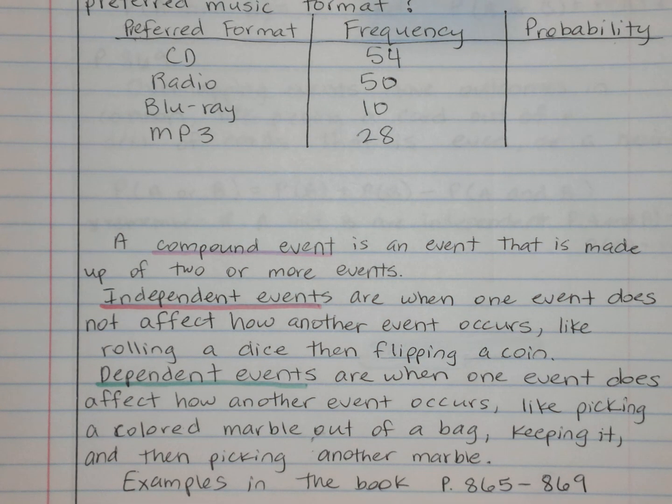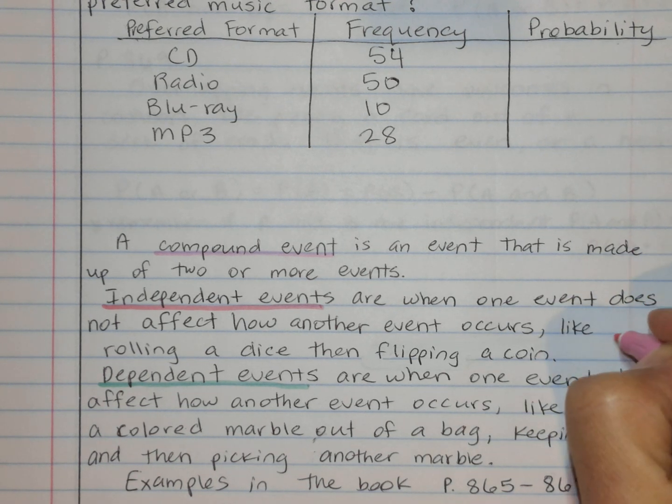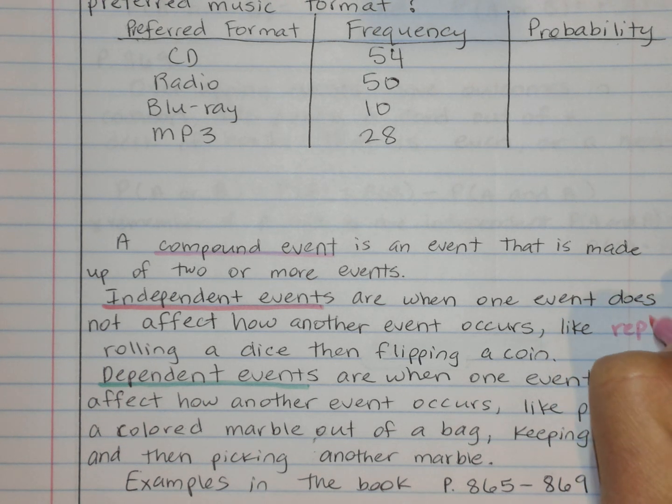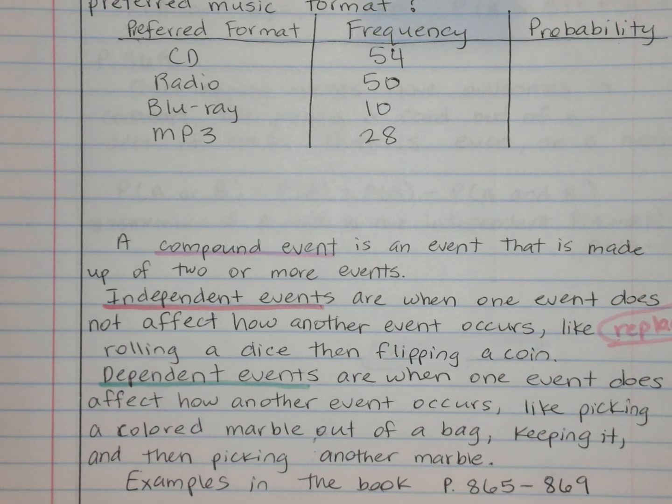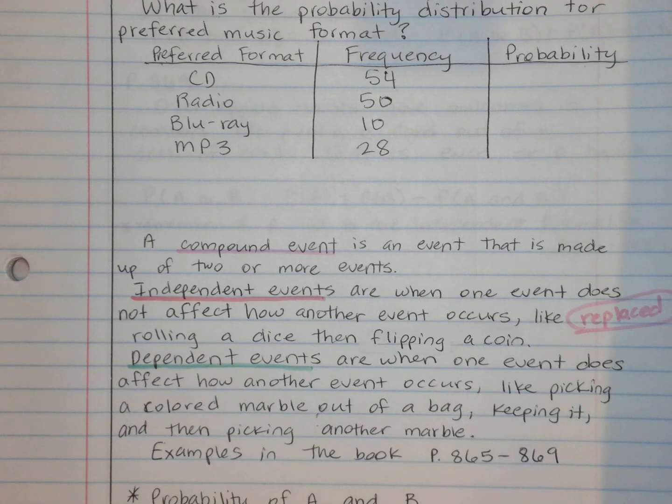So what I want to do real quick is go back to the notes. I want to just add one little note. If you see the word replaced, that would be independent. Whoops, let me zoom that out a little.